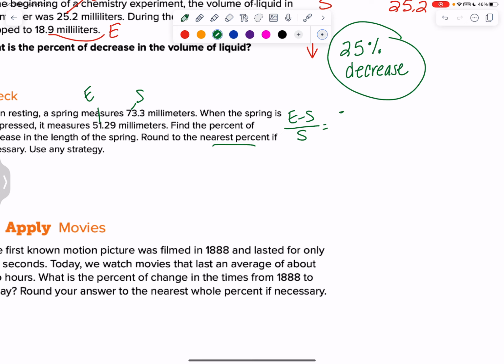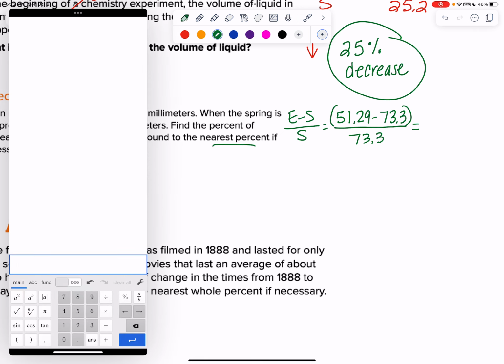And now let's just be really careful. So we have 51.29 as the end, minus the start is 73.3, all divided by the start. And then we can go ahead and see what that is as a decimal. So let's go ahead and type that in. Clear.